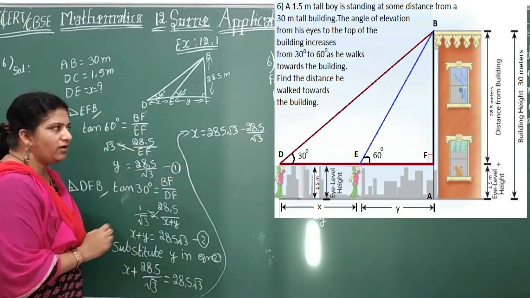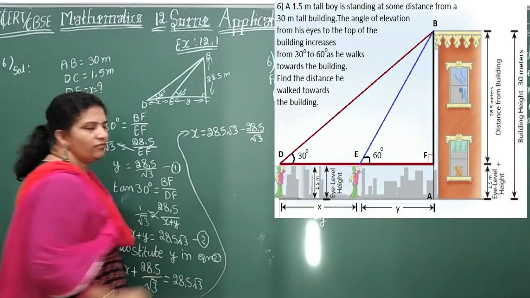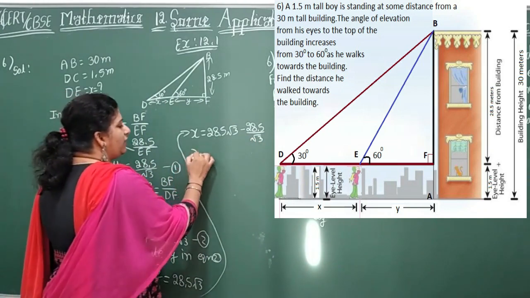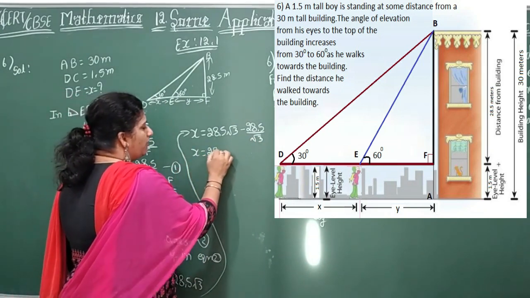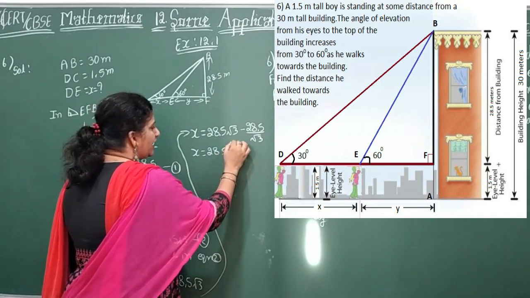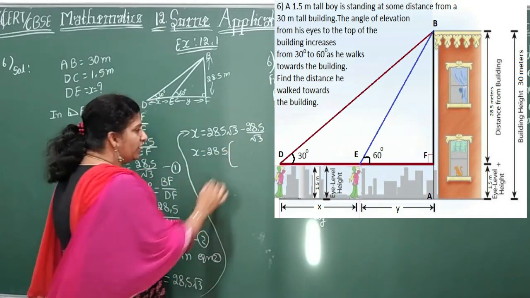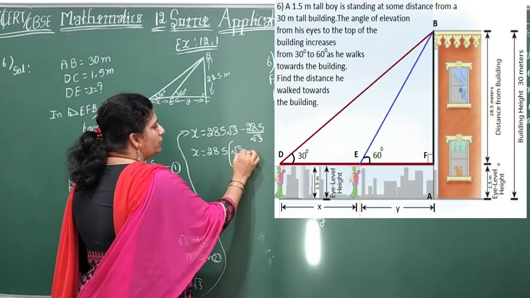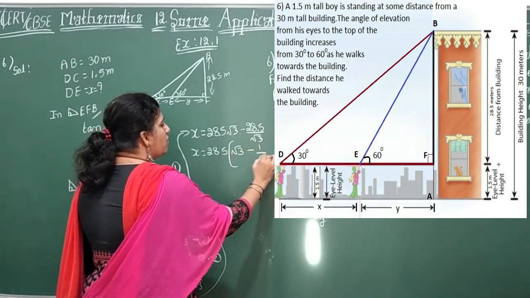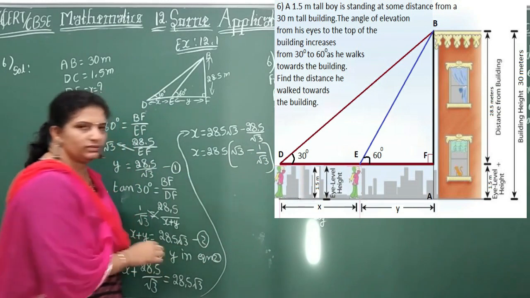Okay, so now look here in these two, children, what is common? 28.5 is common. So take 28.5 out as common here. What is left? Root 3 minus 1 by root 3.